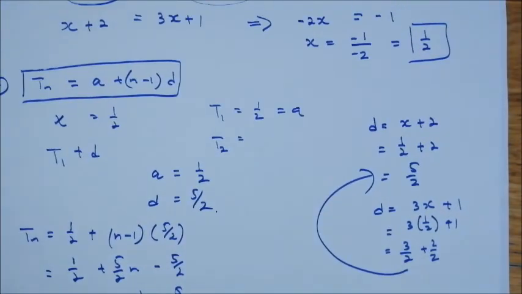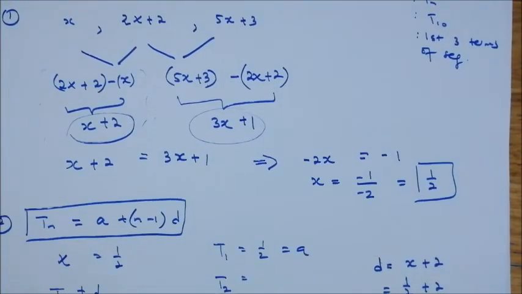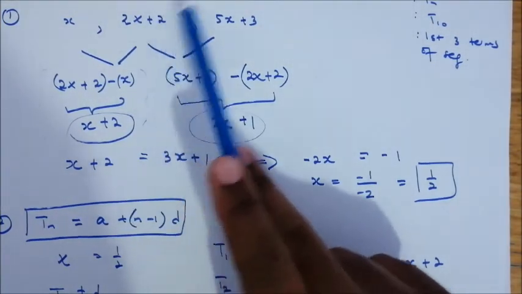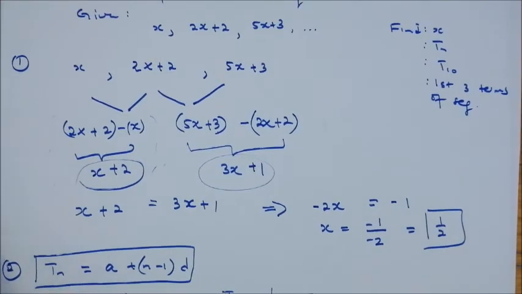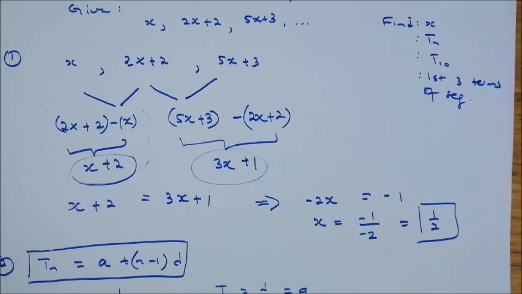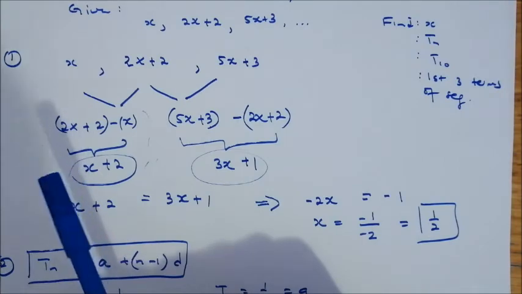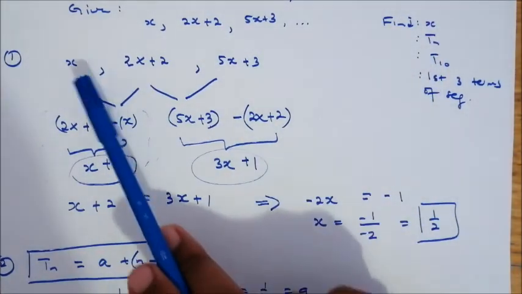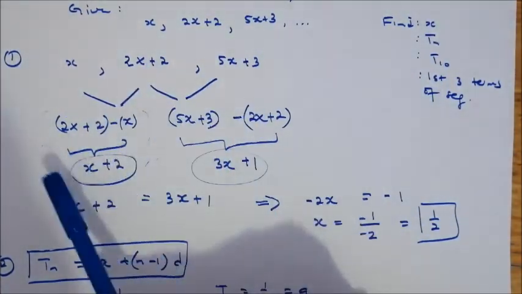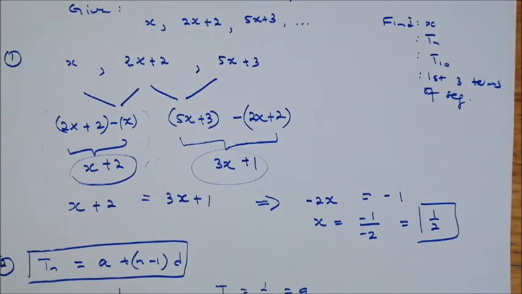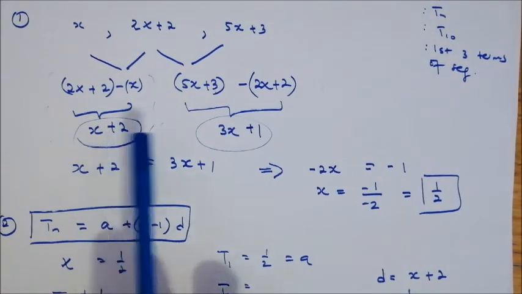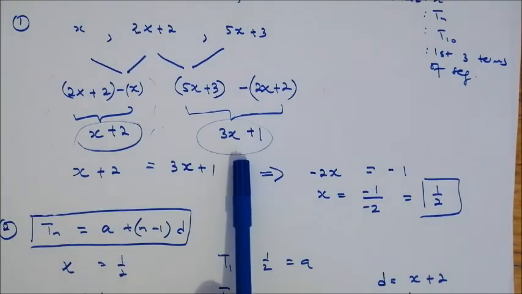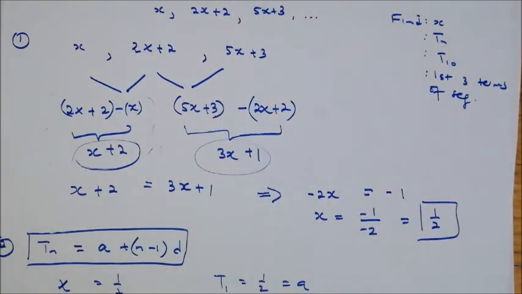So to just summarize, we are given 3 terms. We are told it's an arithmetic sequence. So whether or not the terms are familiar, with the info that we have, we know that we can actually do this. So to find x, we need to find the common difference. The common difference was obviously in terms of x, but that is not a problem. We had to continue. Then at the end, we found this value has got to equal this value if they say it's an arithmetic sequence. You know what I'm saying?